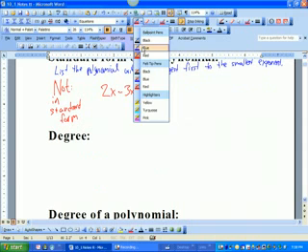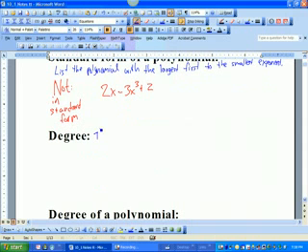Now the degree of a polynomial is the exponent. That's all it is. Now, there are some more complicated ones. We're going to keep this kind of simple. So if I have like the term 4, the degree is 0.